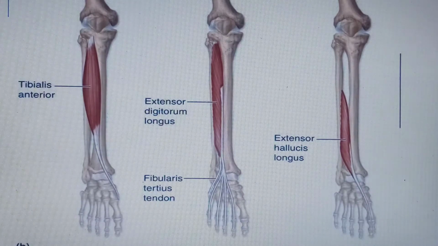Now as it runs downwards, this time it runs almost vertically without crossing, as you can see, and around the ankle joint area its tendons split into four and insert on the dorsal aspect. The underside will be the plantar aspect. So they insert on the dorsal aspect of the middle phalanges of the lateral four toes, from medial to lateral.